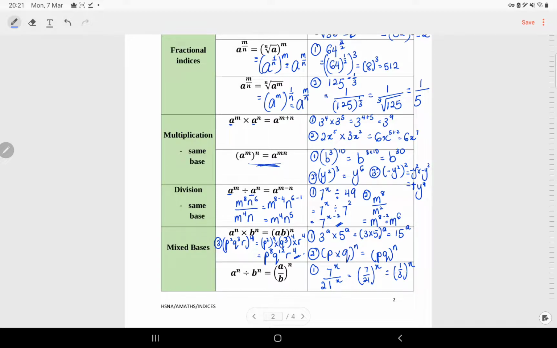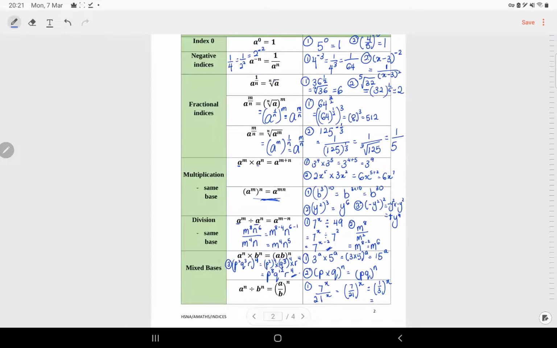And this can also be represented as, remember, using one of your negative indices. Can you see that? 1 over a to the power n is equal to a to the power negative n.